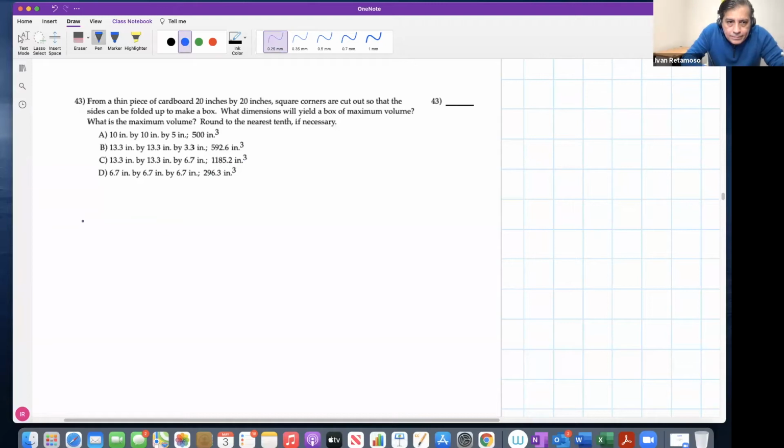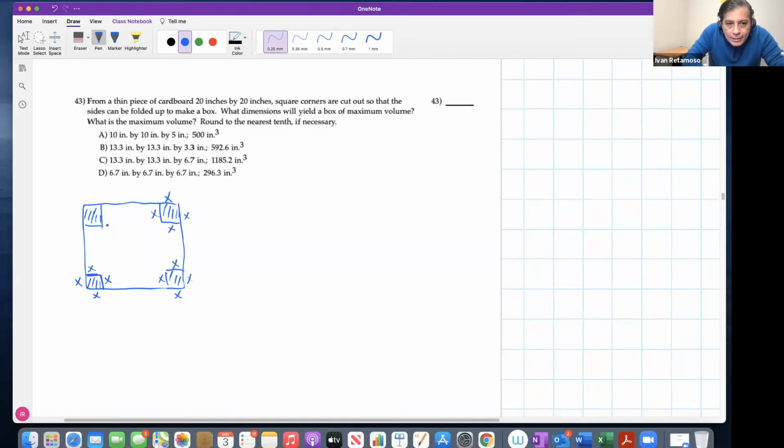So start by drawing a square. And from that square, we're going to construct a box by cutting on each corner of the square a certain amount, which are going to be squares with side lengths we don't know in advance, so we're going to call that side length X. X here, X here.